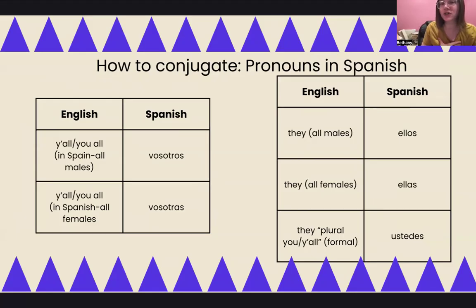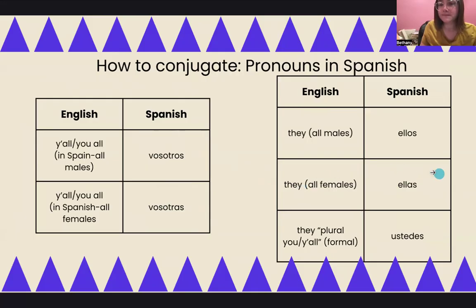It just feels unnatural for us to look at that and say vosotros, vosotras. But it's just very slight. It's almost like you're tricking your brain into saying one or the other.